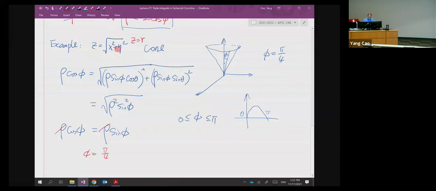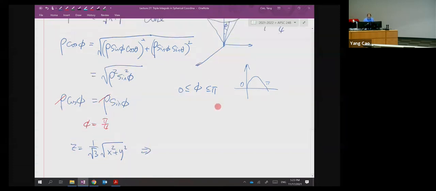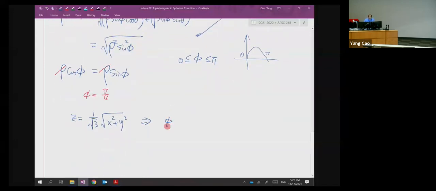Similarly, we also demonstrated that if I put a coefficient in front of the square root term, the geometry of the cone changes; it becomes either leaner or a wider cone. You can use exactly the same approach, and you'll see that in this case phi equals pi over 3.